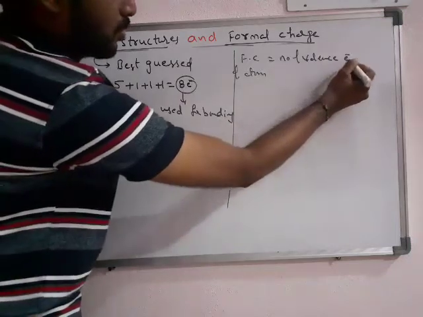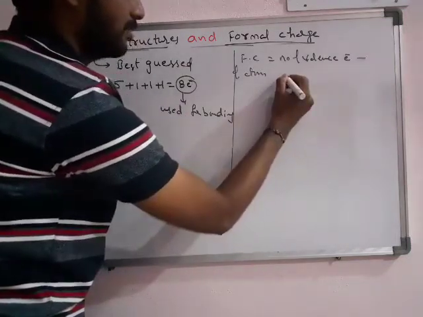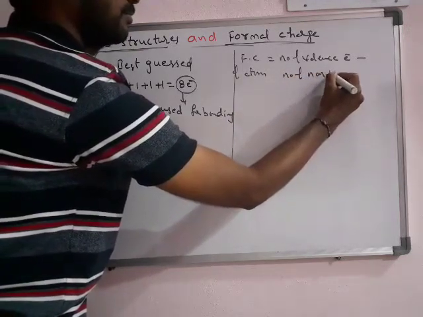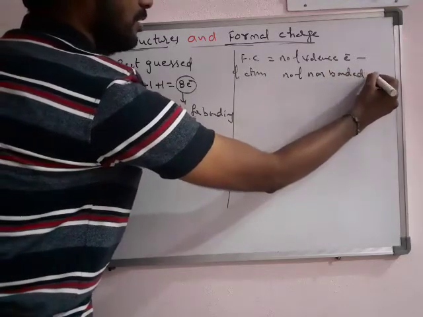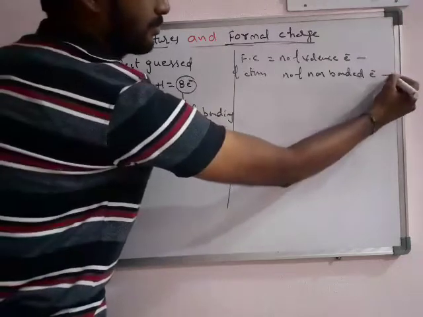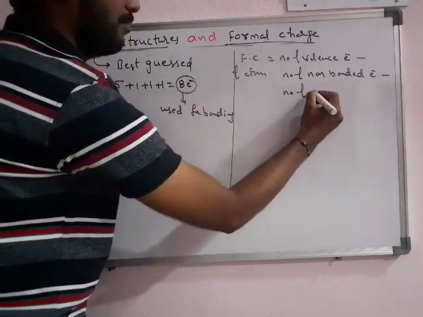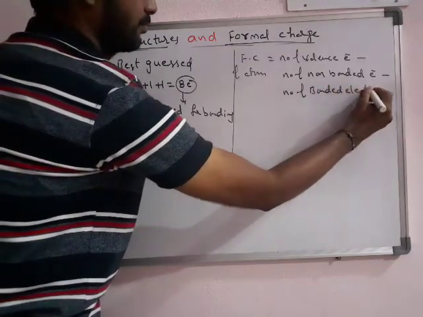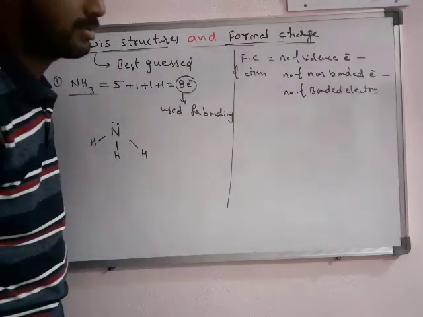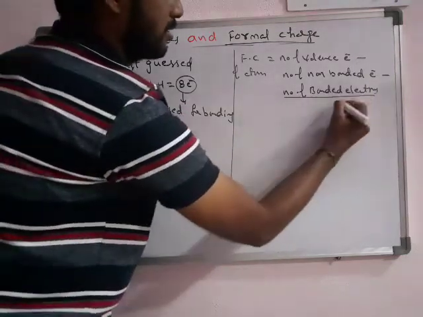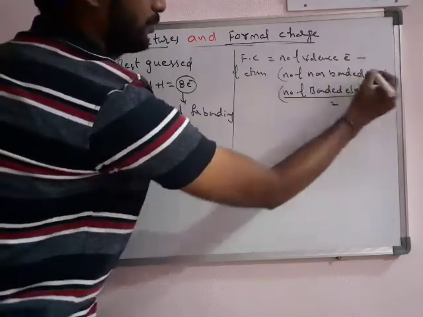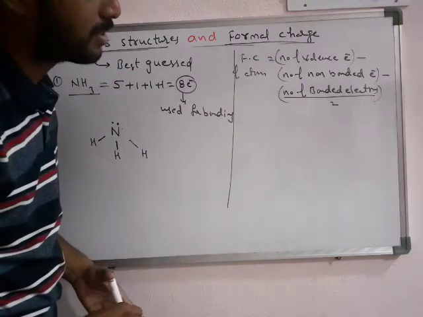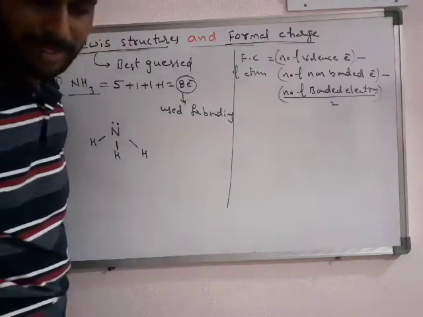It is the number of valency electrons of that atom minus the number of non-bonded electrons minus the number of bonded electrons by 2.